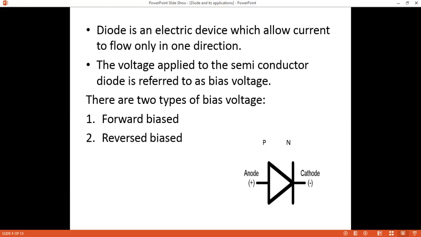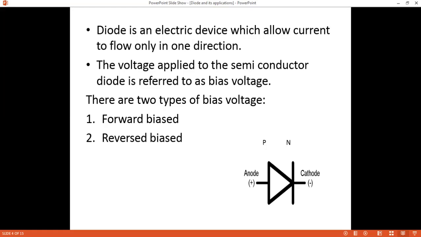When we apply a voltage to the diode, that voltage is considered a bias voltage. There are two types of bias voltage: first, forward biased voltage, second, reverse biased voltage.